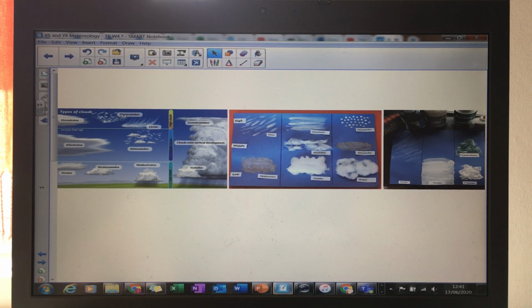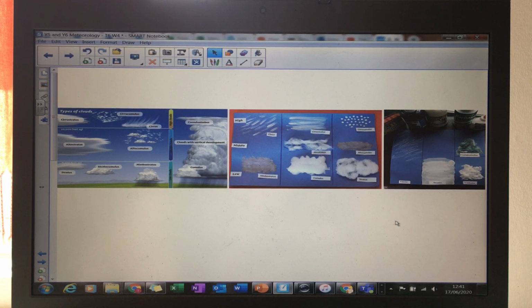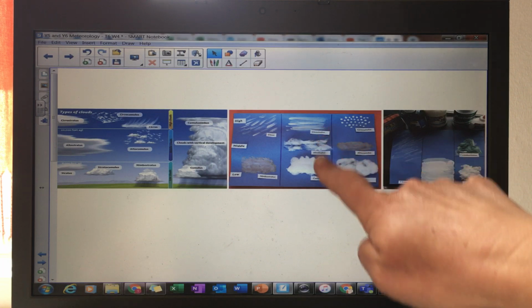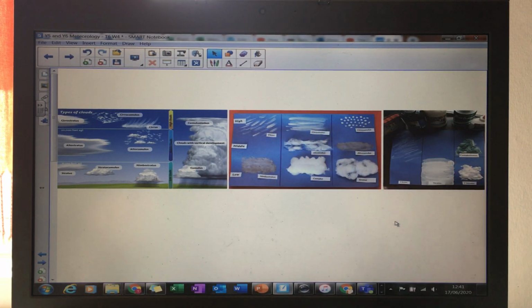It's going to have annotations or labels on your diagram. You can use a bit of artistic flair and some different resources that you might have around the house to do your cloud types diagram, but they must have those annotations on, okay?